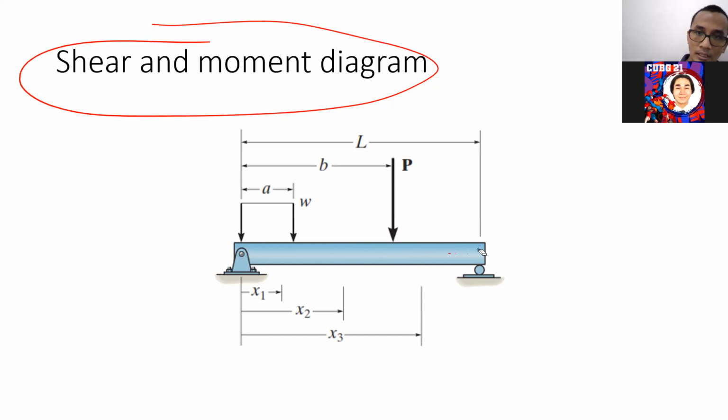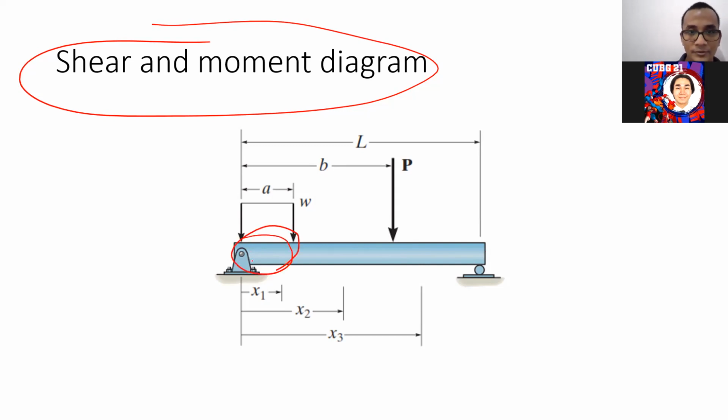The method that we will use is still the cutting method. We will just cut at certain locations, but at that particular cut, what we find is not just the value of the internal force and moment at a particular point, but the internal force and moment at a certain region.